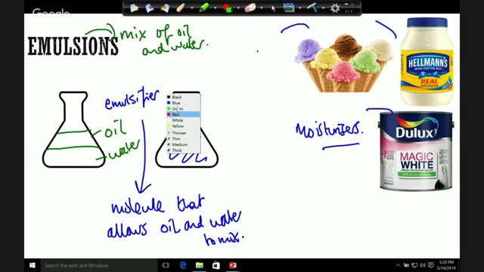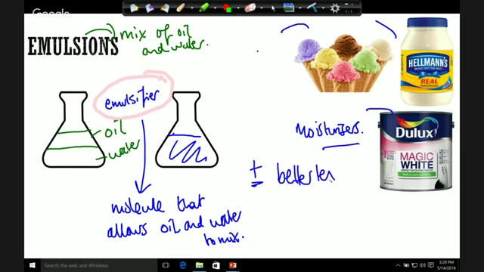You need to remember the name of this molecule that is used to make the emulsions. And you also need to remember the advantages of having an emulsion. And those are that they give a better texture, and they give a better coating, and they are thicker.